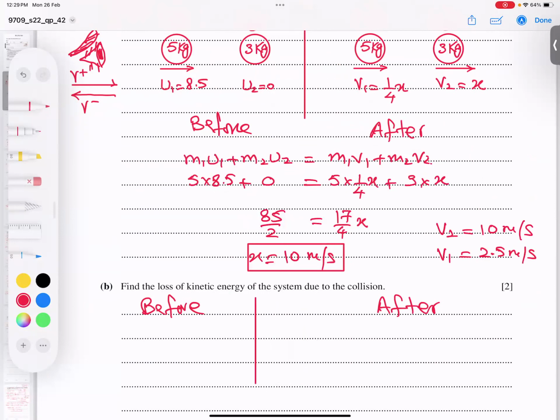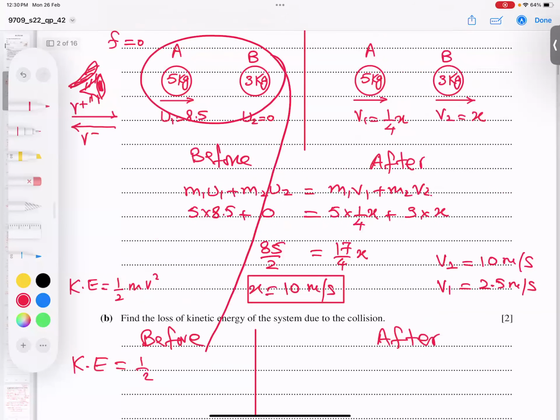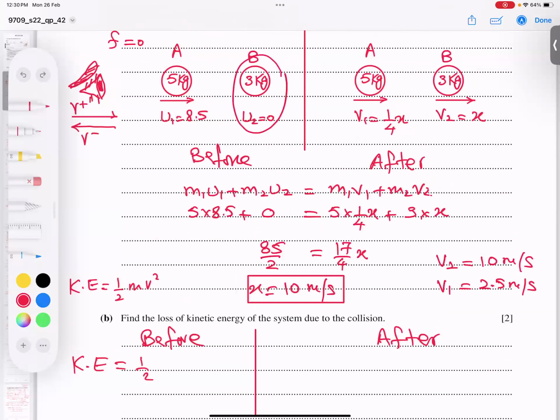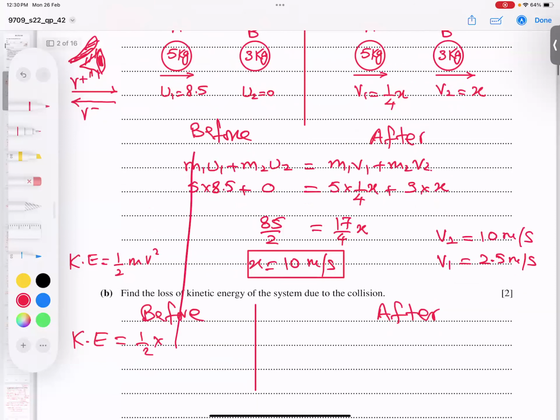What is kinetic energy before collision? The basic formula of kinetic energy is half mv squared. Before collision, this one is at zero speed, so its kinetic energy becomes zero.